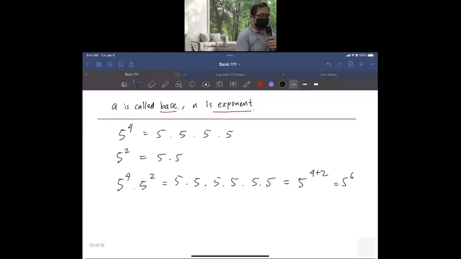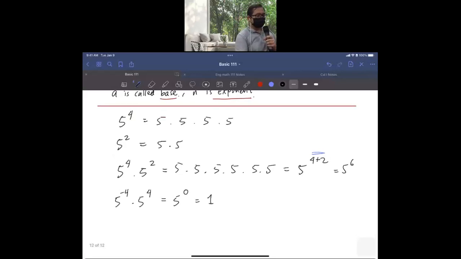And of course, if we had 5 with power of negative 4, and we want to multiply it with 5 with power of 4, since we have this addition here, then this will be 5 with power of 0, which is going to be 1.